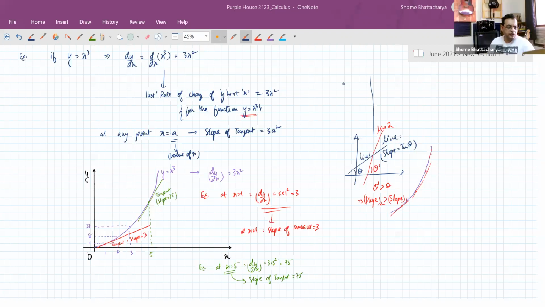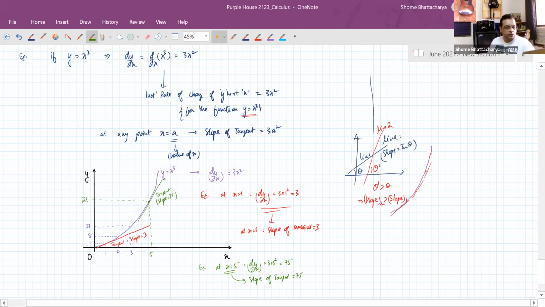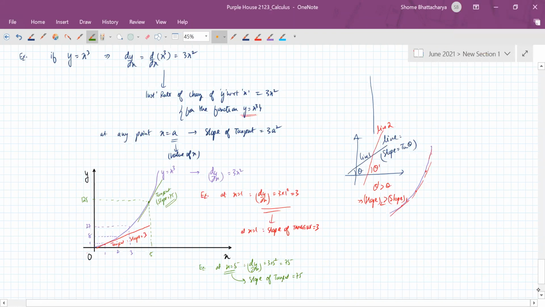It is 125. The y coordinate at this point will be 125. At x equal to 5, this coordinate is 125. But what about the slope of the tangent? The slope of the tangent is 3x square, no? So it will be 75. You understood the difference between the two? Yes, sir. Okay.